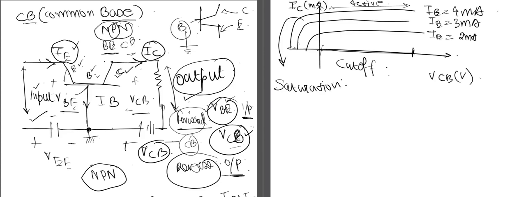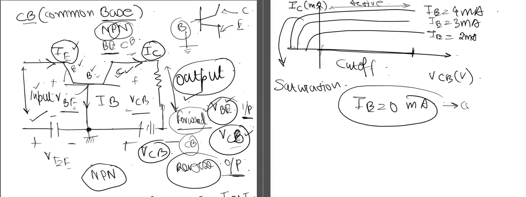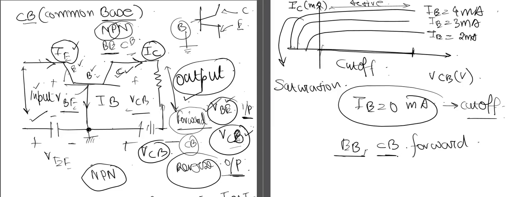When the input current IE is equal to 0 milliamperes, it is the cutoff region. In the saturation region, as we all know, the emitter base junction as well as the collector base junction both are forward biased.